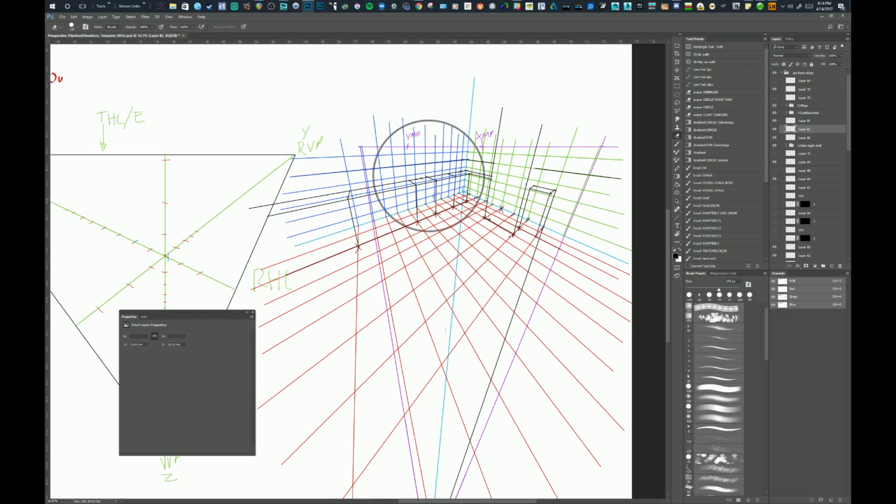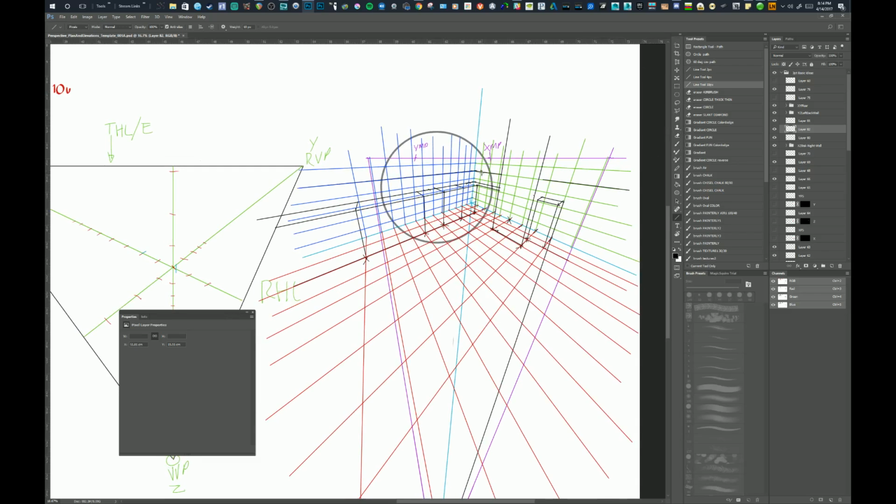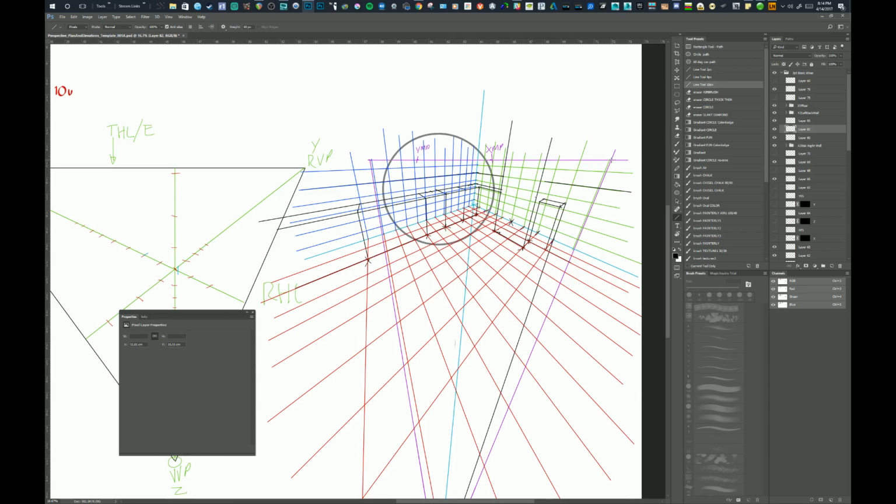We're going to have to draw forward, so we have to find 1 unit forward, which is where it's at, and then draw from here at the 1 unit mark forward. And then we have to do the same here, 1 unit forward there, along that back wall.